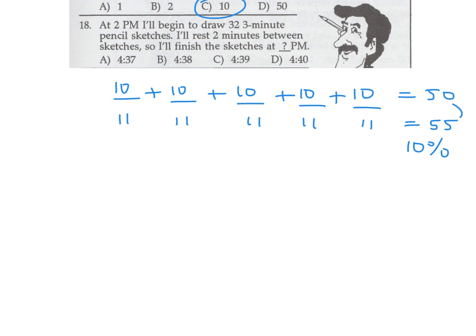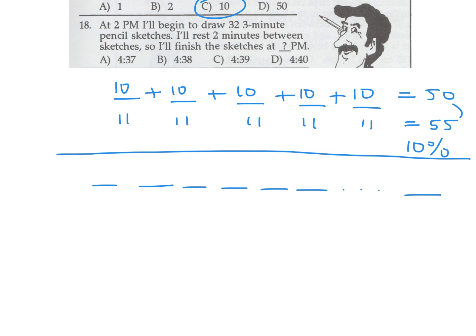At 2 p.m., I'll begin to draw 32 3-minute pencil sketches. I'll rest 2 minutes between sketches, so I'll finish the sketches at what time? Okay. All right, let's see here. So we have a whole bunch of sketches, 32 of them, and in between, we have these breaks.